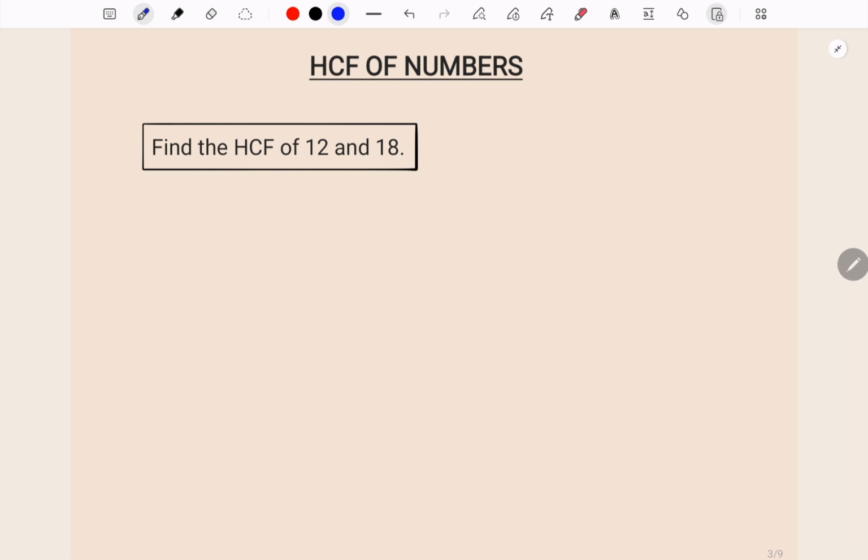Now let's find the HCF of 12 and 18. First, list all the factors of 12 and 18. Now let's first look at the factors of 12. We know that factors of 12 are 1, 2, 3, 4, 6, and 12, because all these numbers divide 12 exactly.